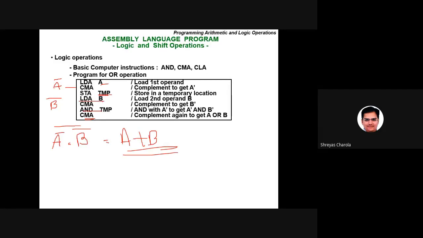11, 13, 14, no numbers are there, 7, 8, 9, 10, 11, okay.